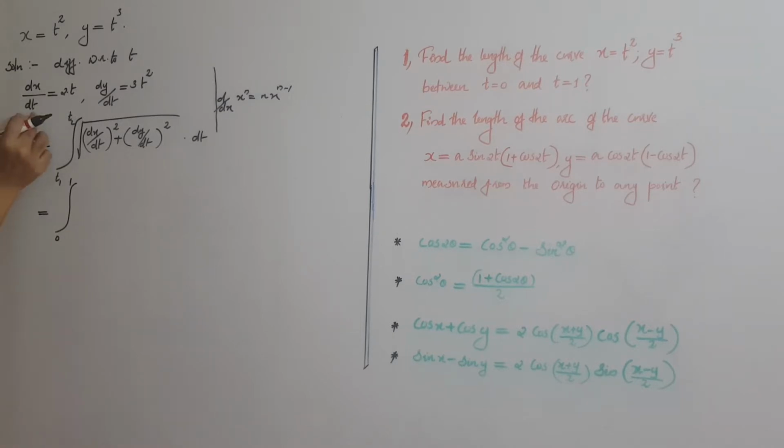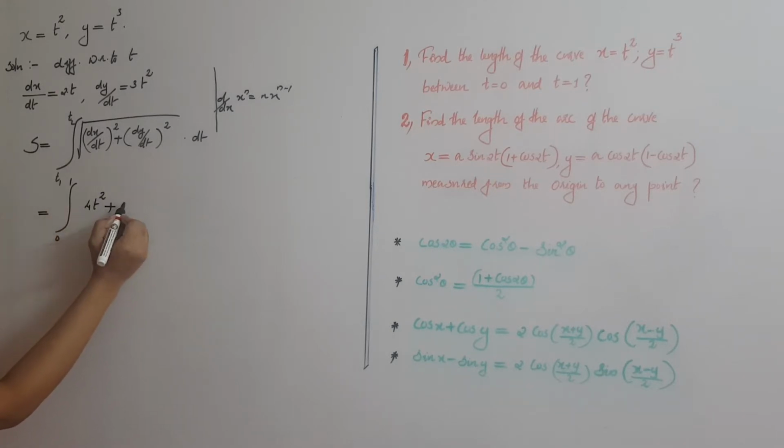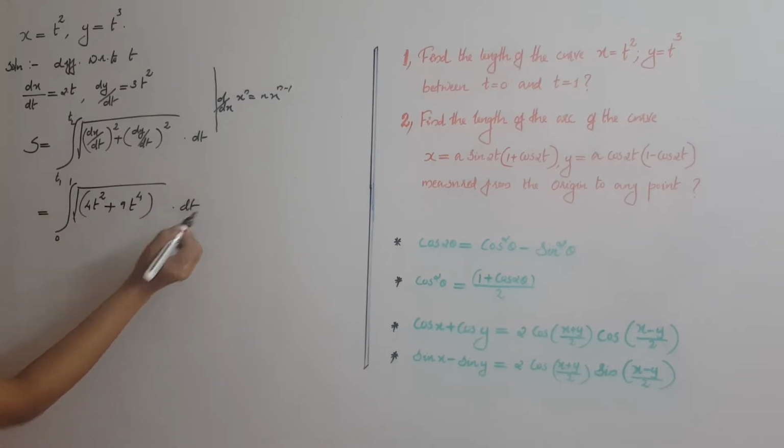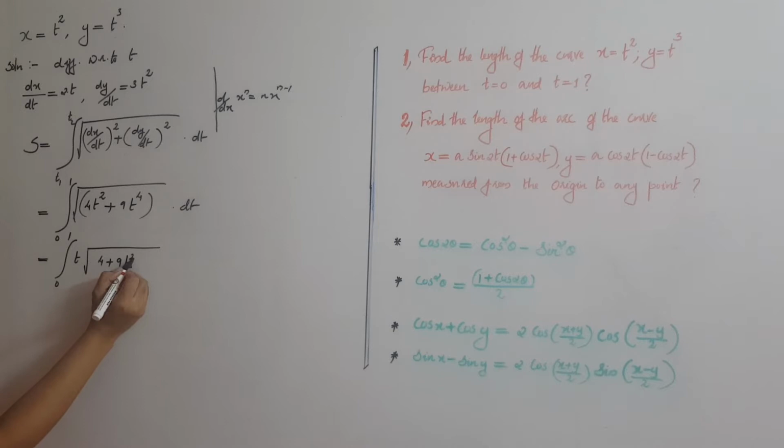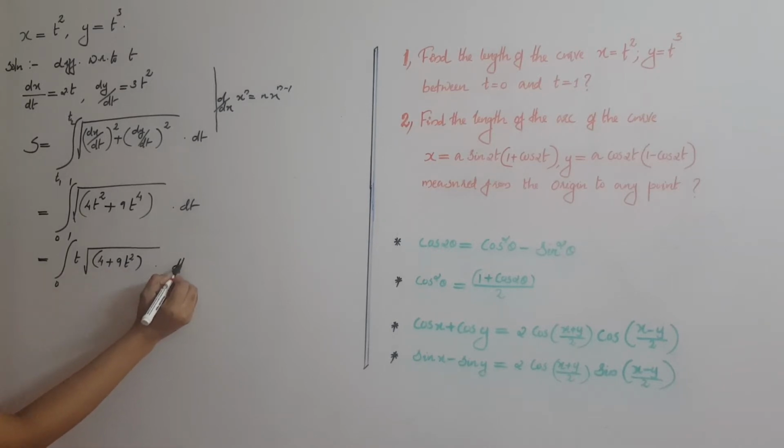Now, dx by dt is 2t, then (dx by dt) square is 4t square, plus (dy by dt) square is 9t raised to 4, into dt. Here t square is common in these two functions, so we can take it outside. So the given integral becomes integral 0 to 1 t into square root of 4 plus 9t square into dt.